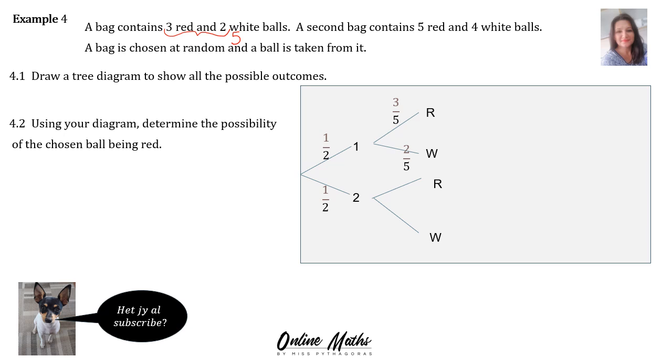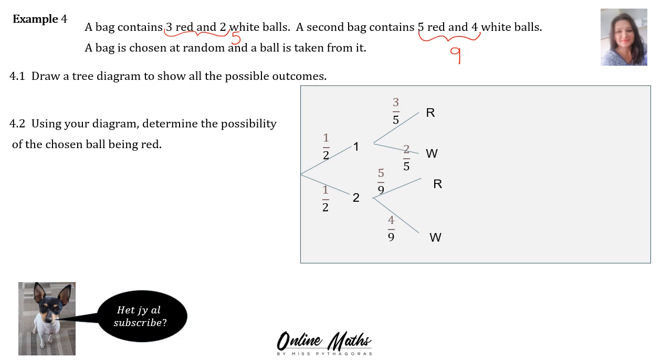And then in bag 2, you've got 5 red and 4 white, which gives you a total of 9. So therefore in bag 2 you've got a 5 out of 9 chance of pulling a red ball and a 4 out of 9 chance of pulling out a white ball.